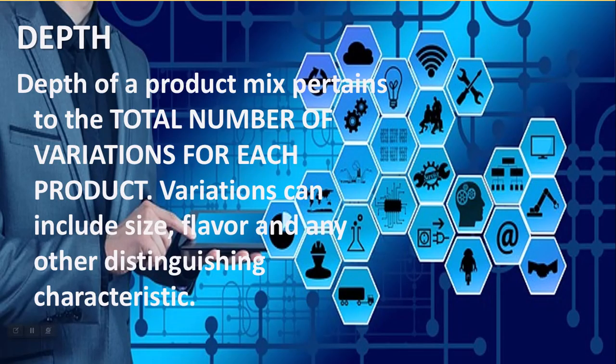Depth is the total number of variations for each product or each brand. I mean, how many presentations Lux has, how many presentations Sunsilk has, how many presentations Coca-Cola or Pepsi has, and so on. So these are the variations of the brand or the product.